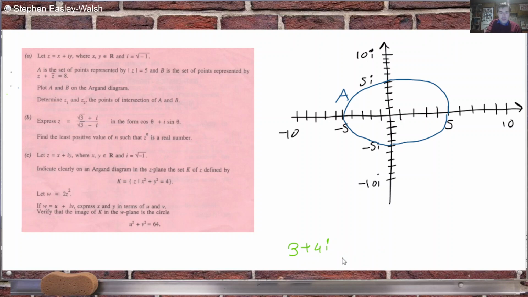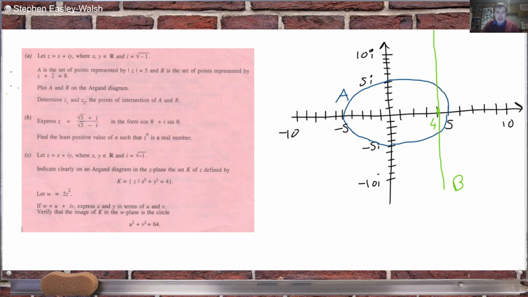So you can see that the real part would have to be 4, and it doesn't really matter what happens with the imaginary part, because the conjugates mean they cancel. So as long as the real part is 4, that does the job. So it's just going to be the vertical line at 4. That's all. So that's B at 4.